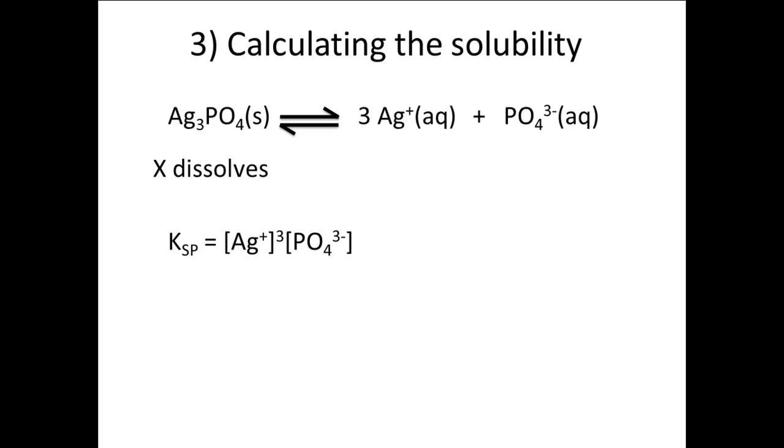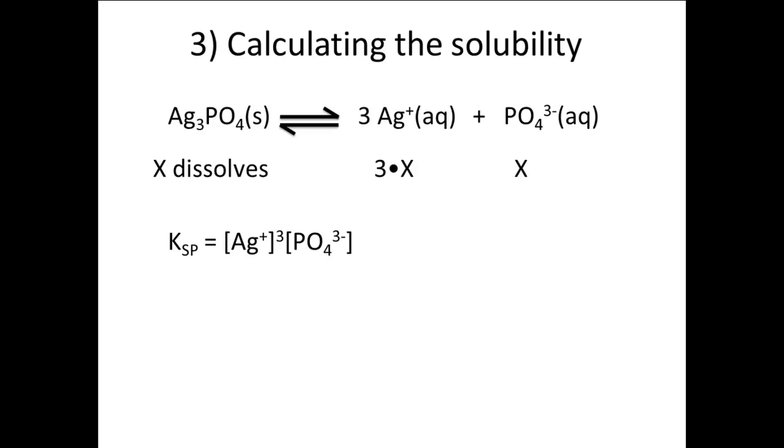That is the solubility. Because the mole ratio between silver phosphate and the silver ions is 1:3, the concentration of the silver ions will be 3X, and the concentration of the phosphate ions will just be X.